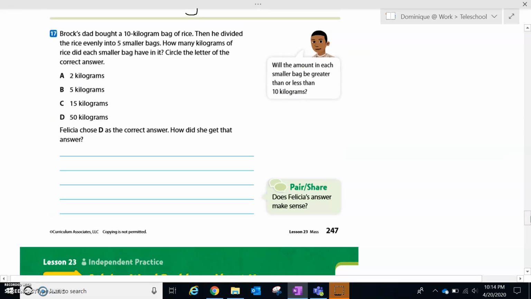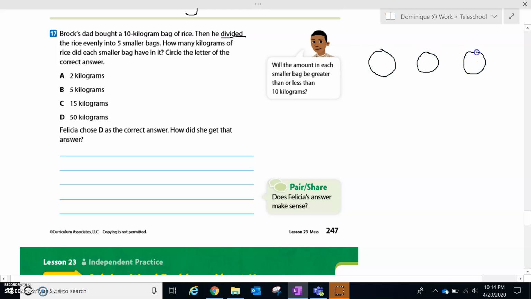Brooke's dad bought a 10-kilogram bag of rice. Then he divided the rice evenly into 5 smaller bags. How many kilograms of rice did each smaller bag have in it? Circle the letter of the correct answer. So they already told us what we're going to do. They've already said we're going to divide. So he has a 10-kilogram bag of rice, and he divides it equally into 5 smaller bags. So here's my 5 bags.